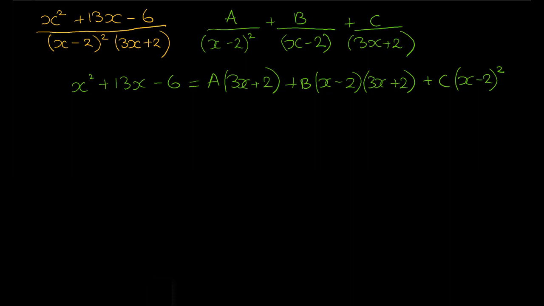Okay, so I'm going to start by doing a substitution. I'm going to substitute x equals 2, and that will knock out these brackets here, so that will enable me to find out what a is.